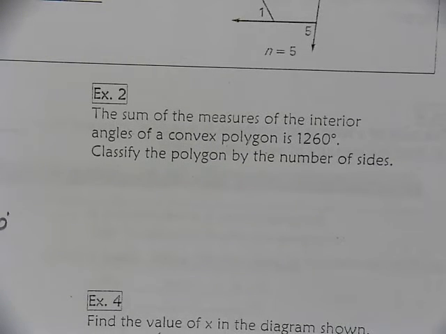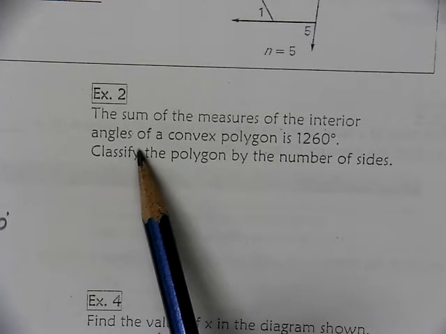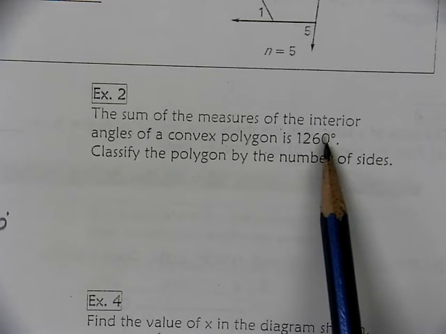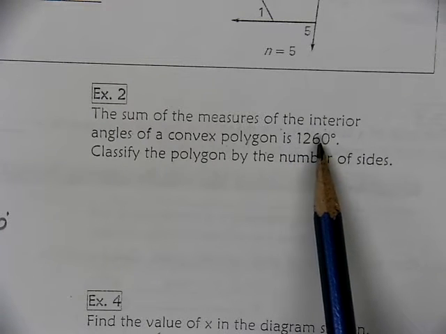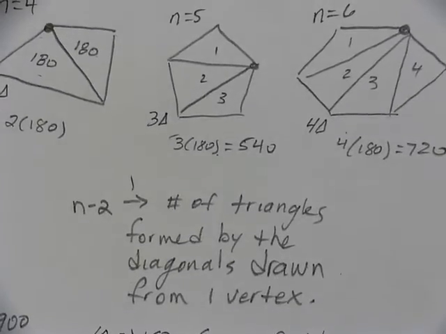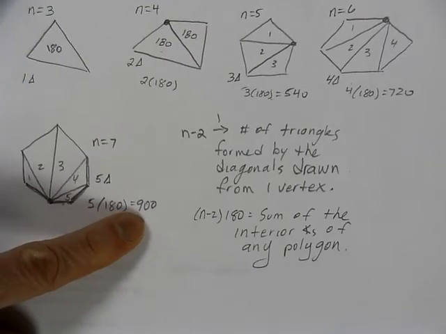Let's try this one. There's something different about this one. Here we talk about the sum of the measures of the interior angles is 1,260. Well, that wasn't part of our list over here. We only went up to 900.